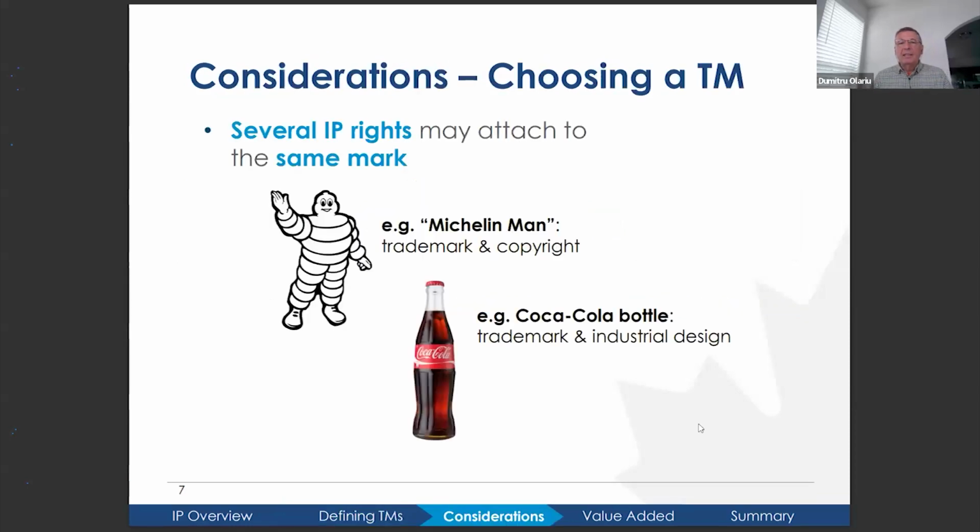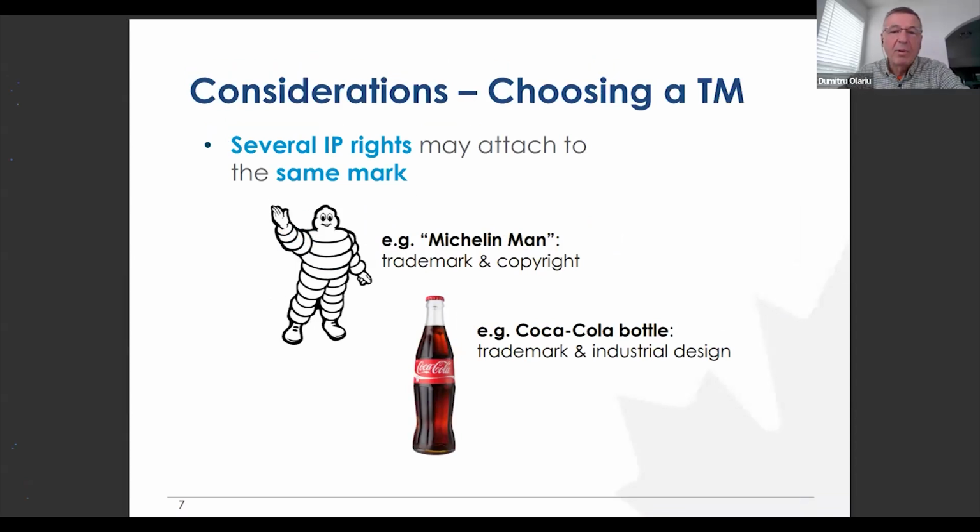Keep in mind that when you're choosing a trademark, other intellectual property rights might be applicable. You have an example here with a trademark and the image of the Michelin Man. The logo, if it's used to identify the company's products and services, in this instance works as a trademark.